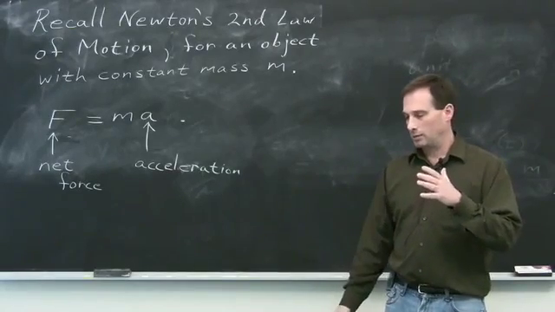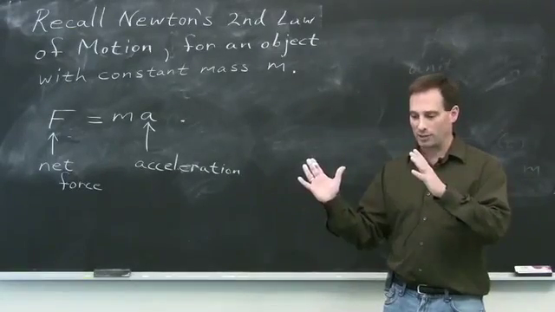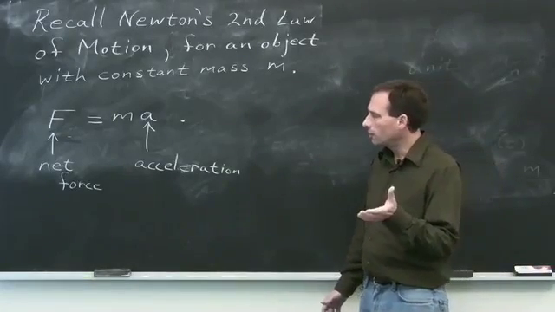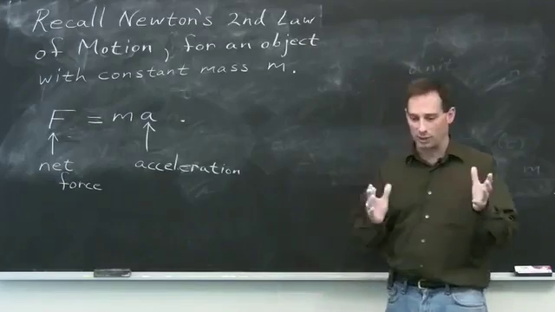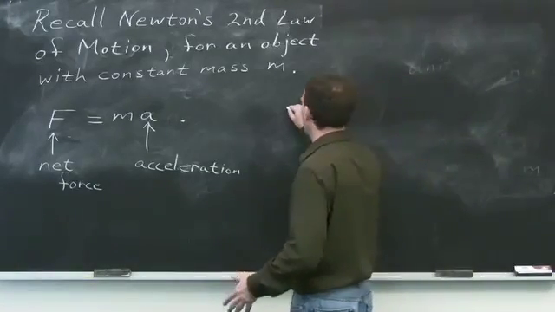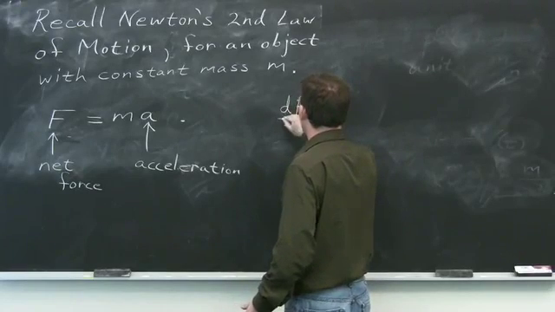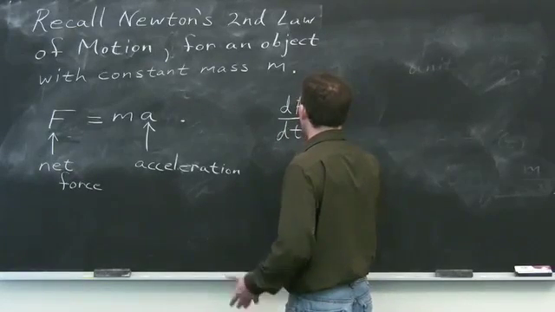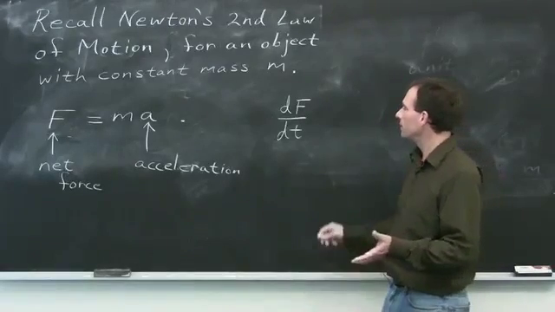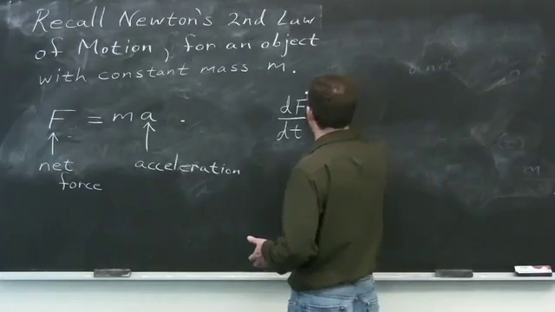If suddenly there's a lot of deceleration, you'll jerk forward. Why do you feel that jerk? Because the force on you changed. And so what you're feeling is the rate of change of the force acting on you with respect to time. This is when you feel a jerk.